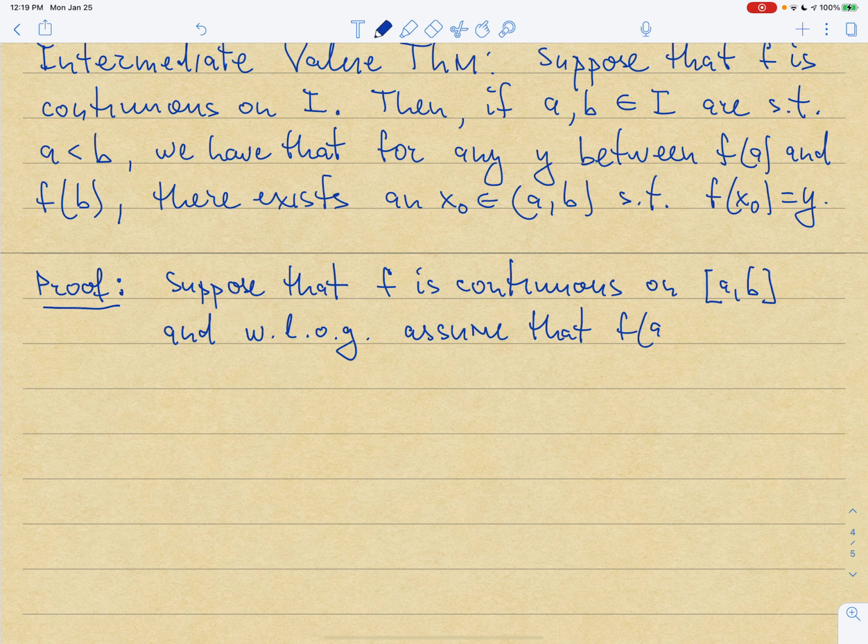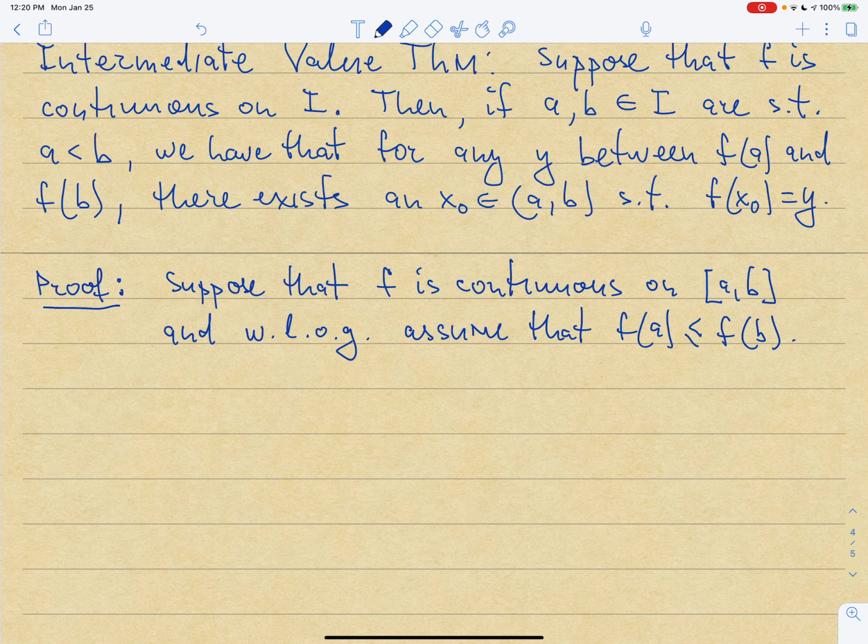that f of a is less than or equal to f of b. I can always assume this because vice versa, all proofs are going to look exactly the same, but I will always have to interchange f of a and f of b in the proofs.